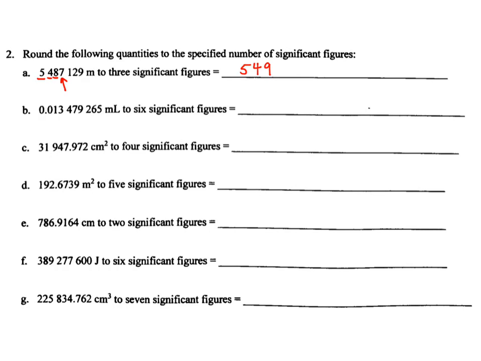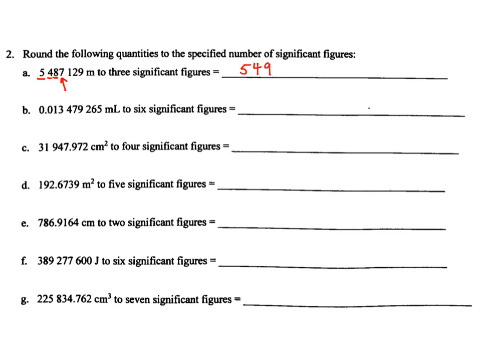Now, a very common mistake that I see all the time is that people might stop right there and say the answer is 549. All you have to do is think about this for a second and realize that it would be ridiculous to say that 5,487,129 rounds to 549. So what we have to make sure that we do when we're doing this kind of rounding is that we add in all the remaining zeros here.